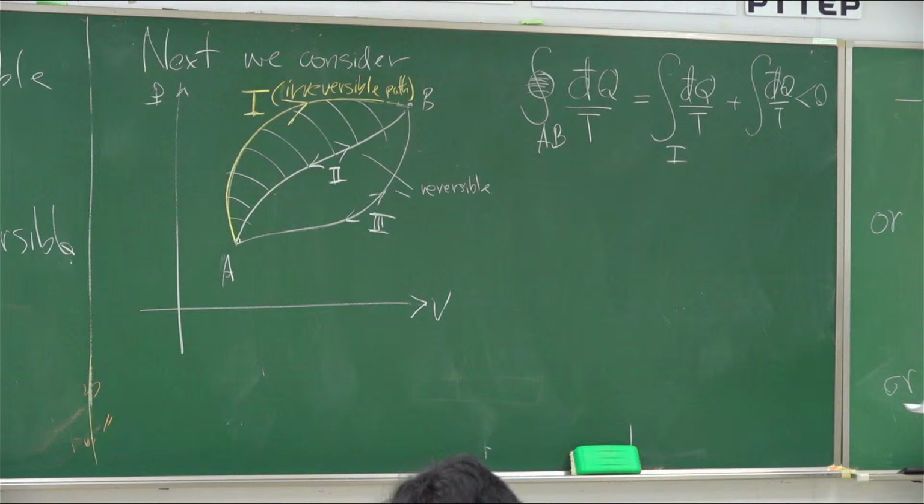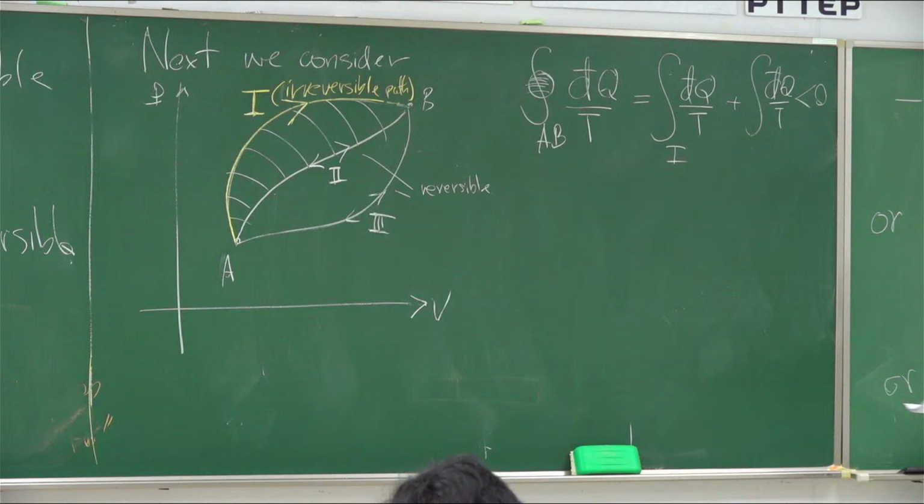So it means that if this is your universe here, you have system 1, system 2, system 3, and its surrounding.